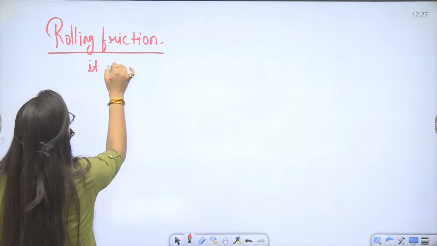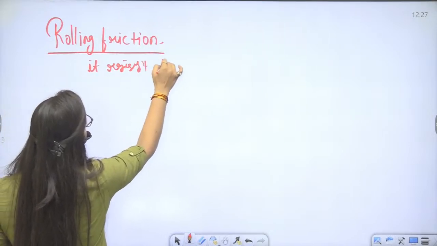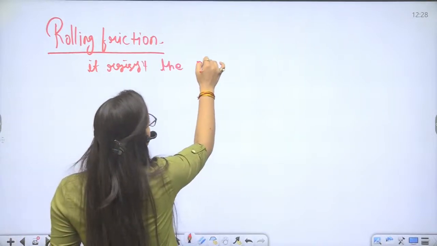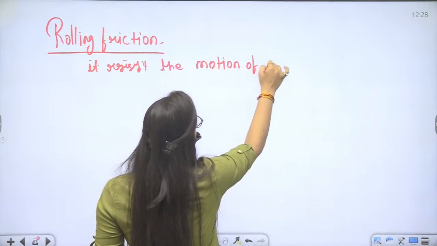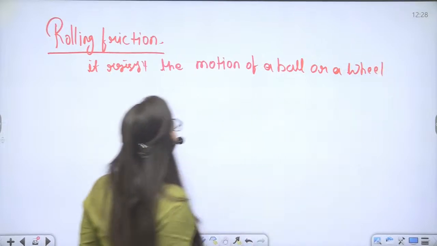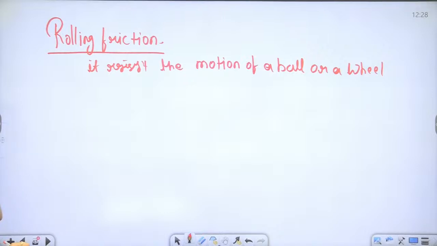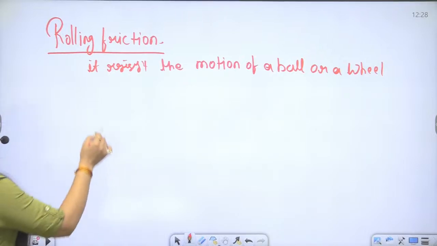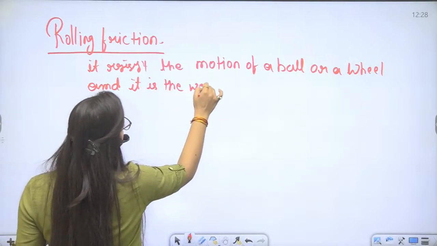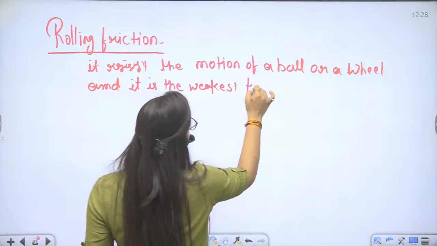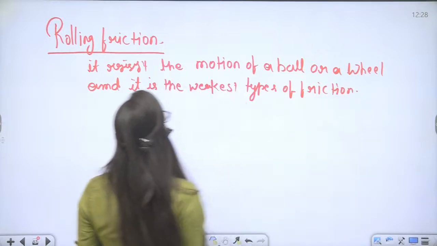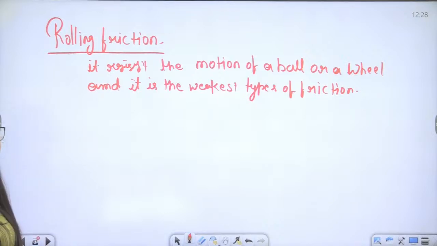It resists the motion of a ball or a wheel, and it is the weakest type of friction. Clear? What are some examples of rolling?